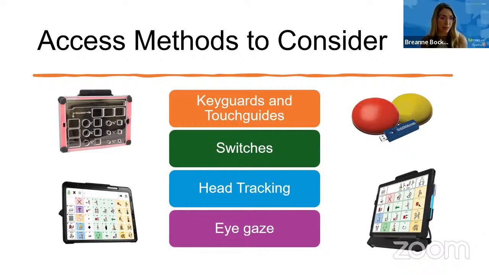Head tracking, that's been one of my favorites to explore recently. So head tracking is available through iOS devices, so on our Pro Slate, and then also through Windows on our WinSlate devices. But with head tracking, you're either using facial recognition technology, or you're wearing something external that then acts as a mouse cursor on the screen.